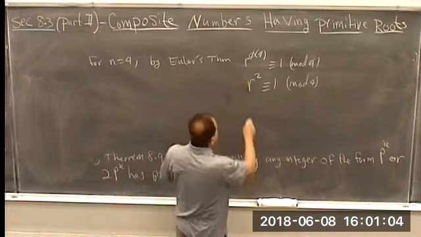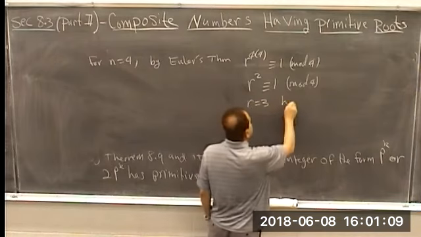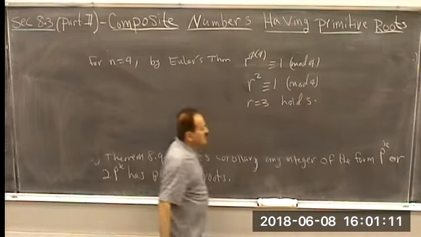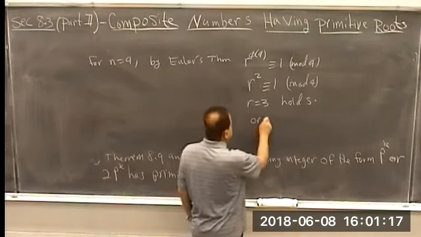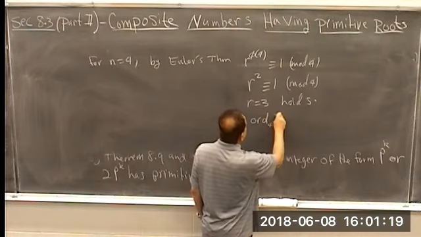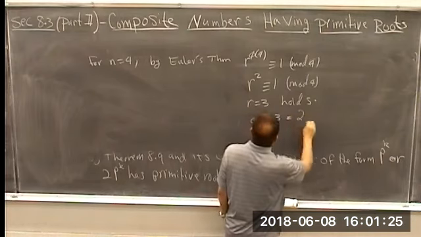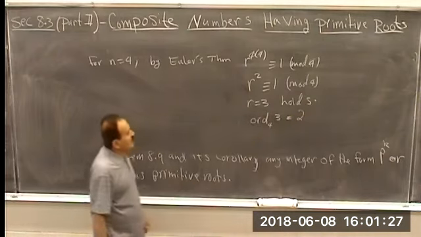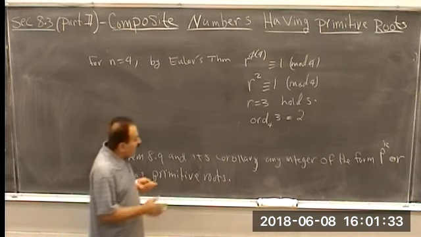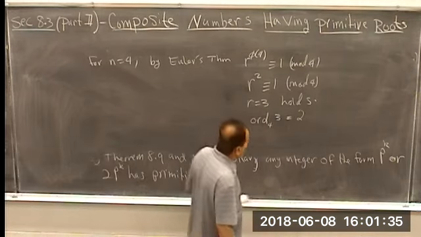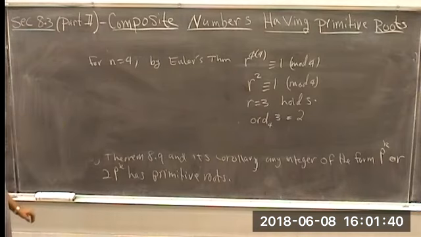And of course we have r equal to 3, so it holds for this. So r equal to 3, its order is equal to 2, and it makes it a primitive root.